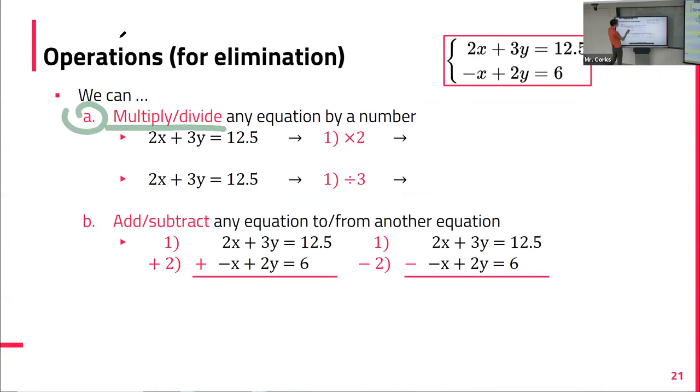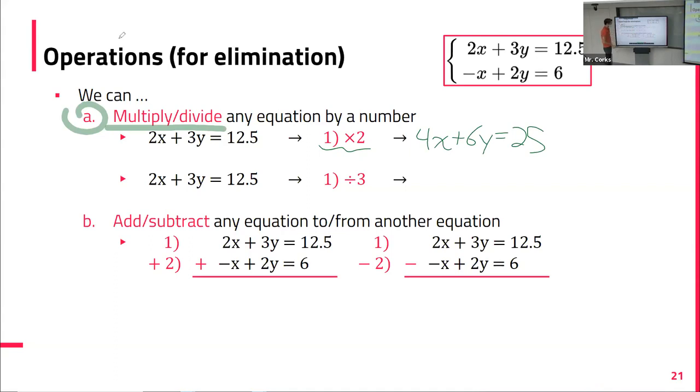So equation 1 here, 2x plus 3y equals 12.5. Well, I can just multiply both sides by 2 and say, okay, we get 4x plus 6y equals 25. Right, so just multiply both sides by the same thing, it stays balanced, so no problems. We can divide both by something, by 3, and I won't write it out, but that's probably not very controversial.